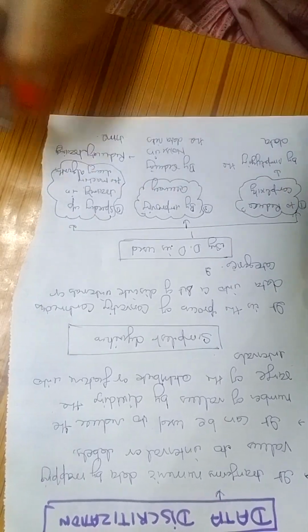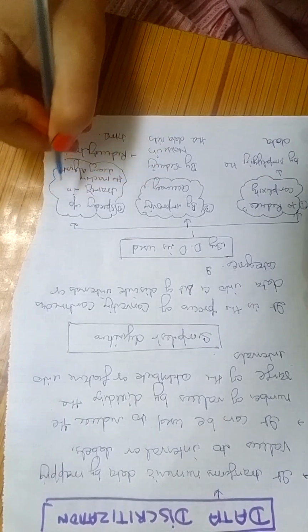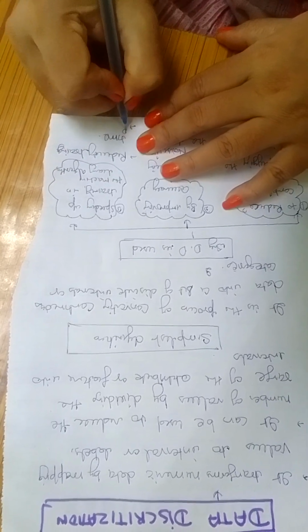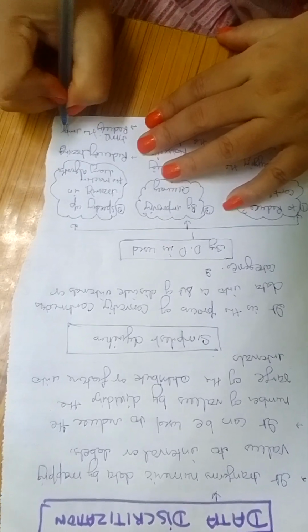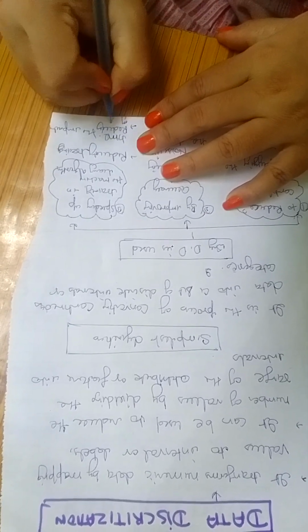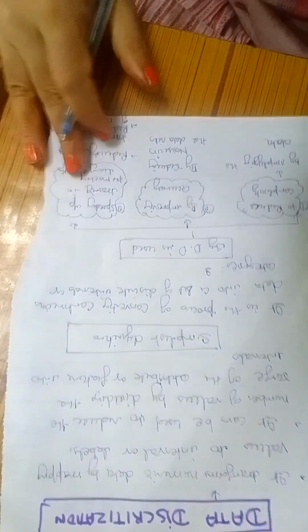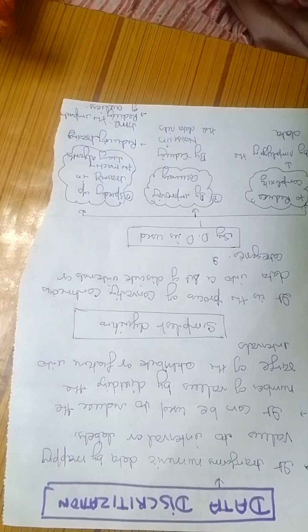And another is reducing the impact of outliers in the model. So that is data discretization.